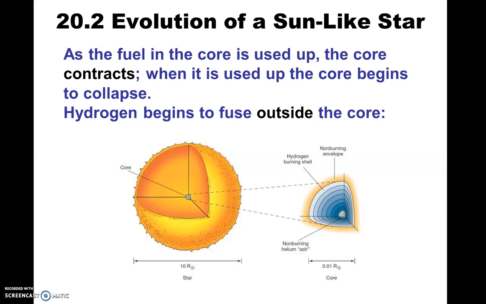So the atoms of hydrogen will be closer together, and that closeness is just higher temperature, and fusion begins to occur in the shell, or the outside of the core.